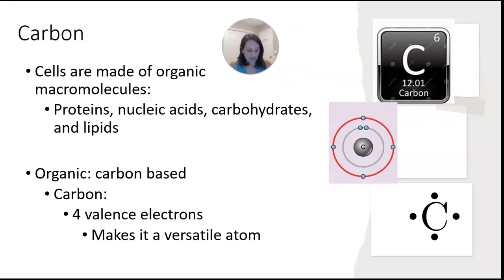For the last part of this chapter, I'm just going to introduce you to carbon. In the next chapter, chapter 3, our focus is going to be on carbon-based macromolecules. So we have to understand what carbon is, where it is in the periodic table, how many protons it has, how many electrons it has, and what that means.